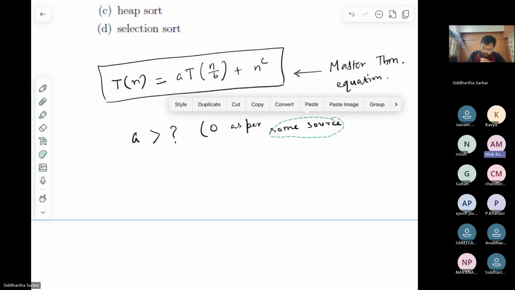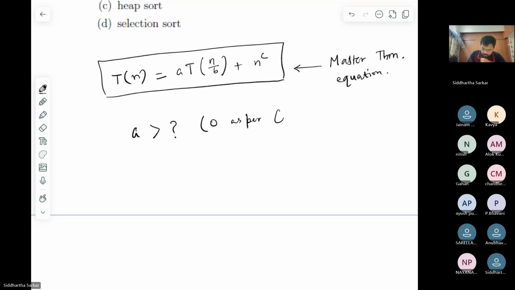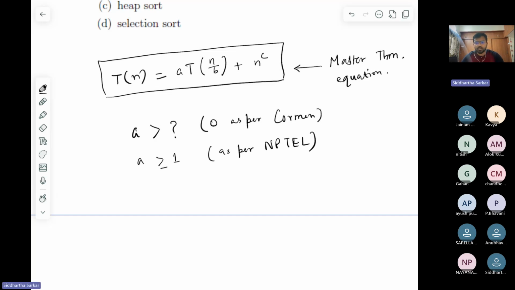Yes, sir, Cormen. But is this 1 or greater than or equal to 1? I don't know. Okay, let me just give me a few minutes. Let me find out what is written in Cormen.